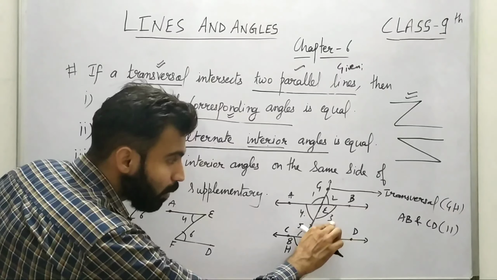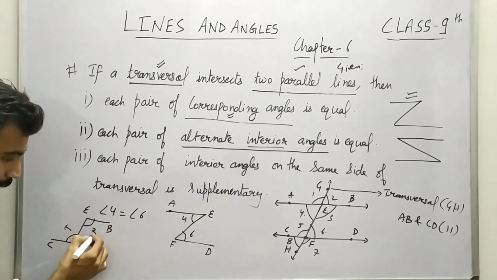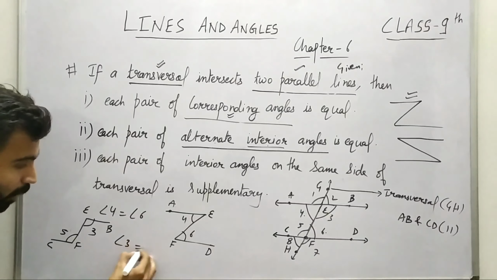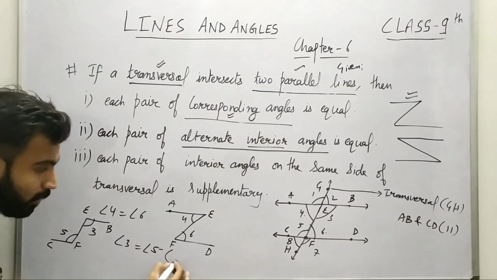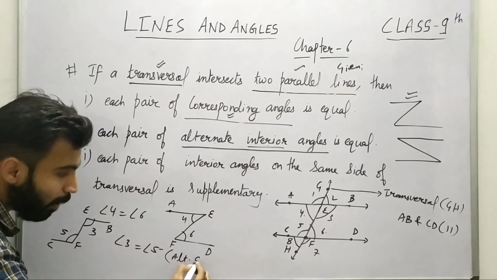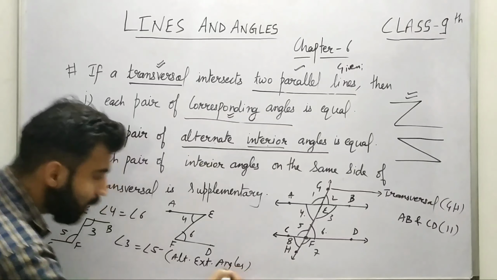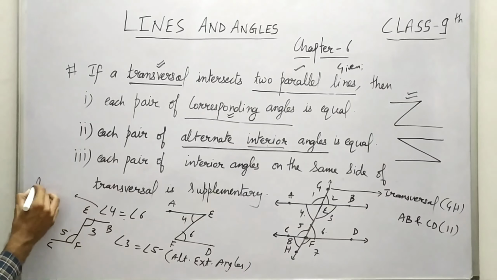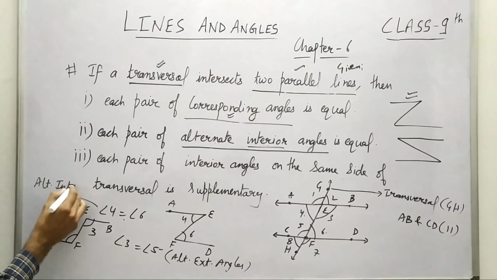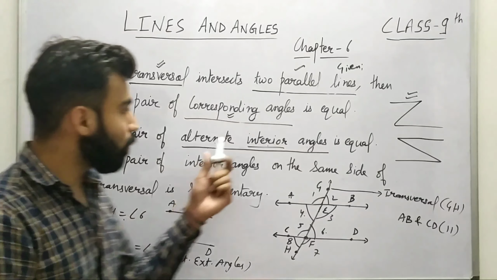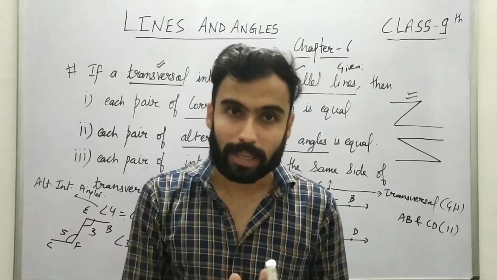So angle number 3 and you can see the 5 here. So 3 and 5 are equal and alternate exterior angles. Let me write it in short form. Right? Now you got what alternate interior and exterior angles are.